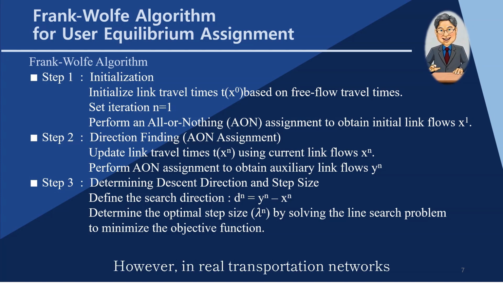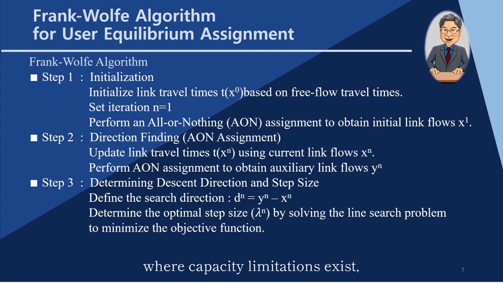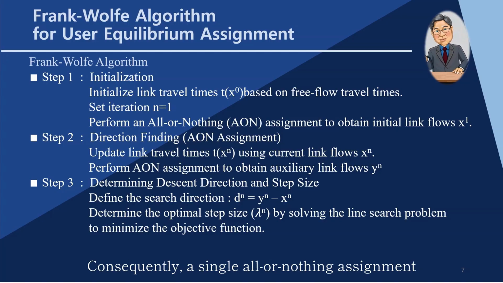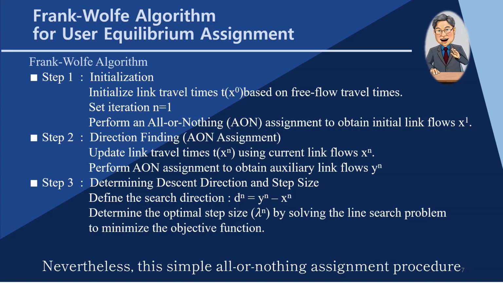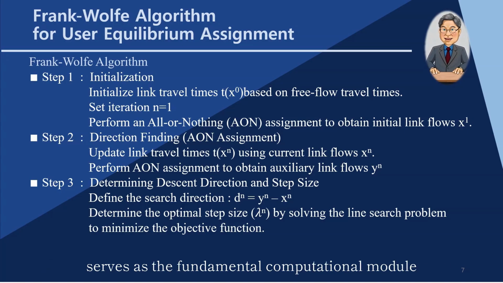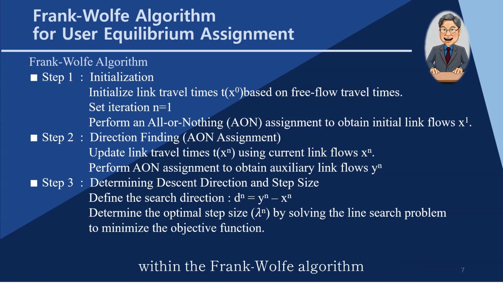However, in real transportation networks where capacity limitations exist, travel time changes as traffic volume increases. Consequently, a single all-or-nothing assignment cannot realistically represent network equilibrium. Nevertheless, this simple all-or-nothing assignment procedure serves as the fundamental computational module within the Frank-Wolfe algorithm used to find the user equilibrium state.